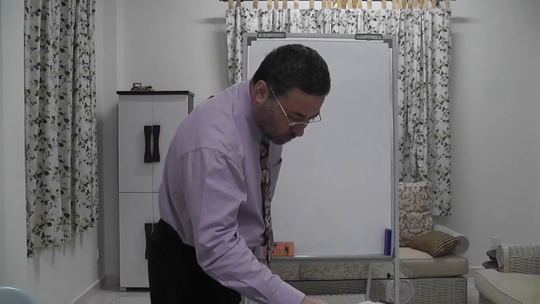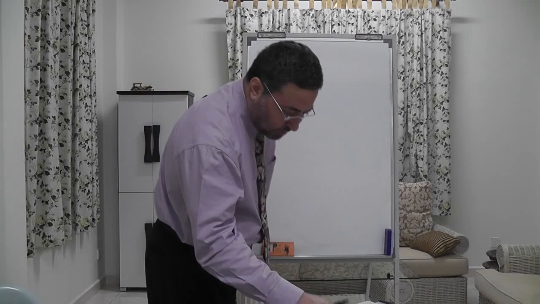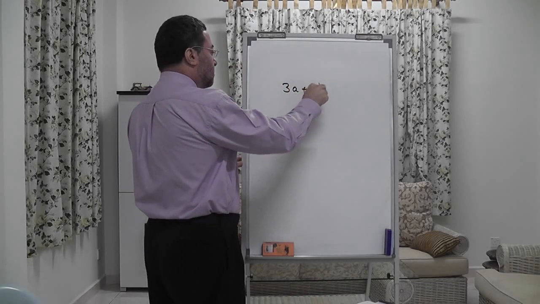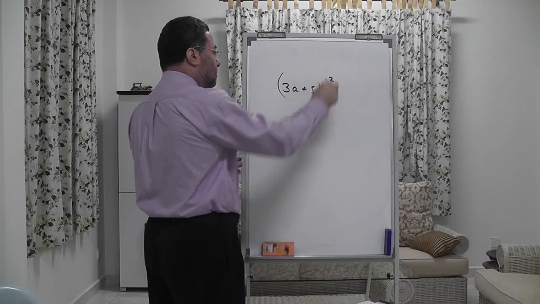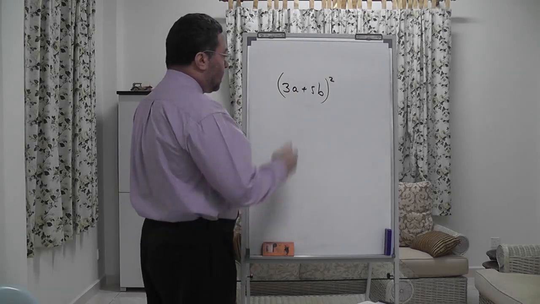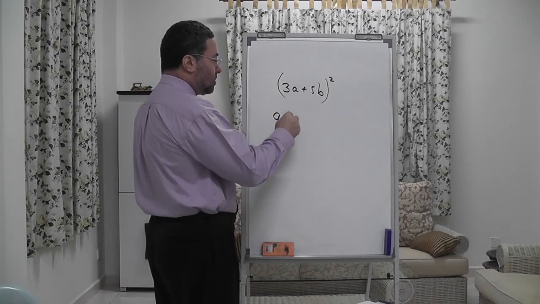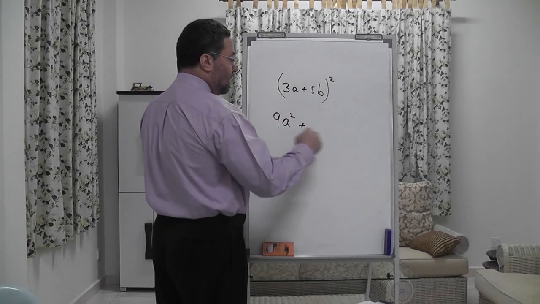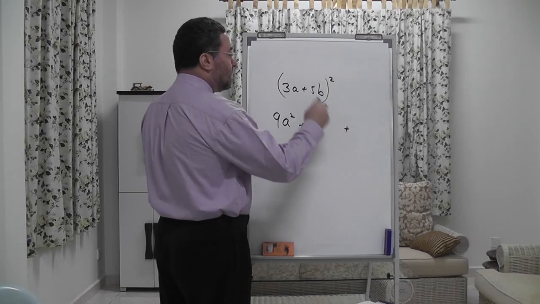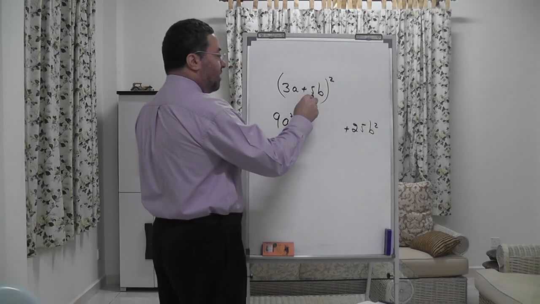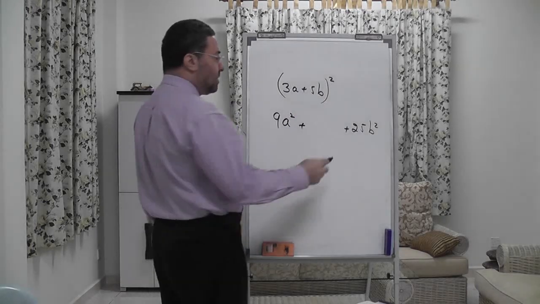Next is number 20, 3a plus 5b squared. I prefer to write the first one, squaring it, 9a squared, and I leave a space for the second term, and then I square the second. 5b times 5b, that's 25b squared.